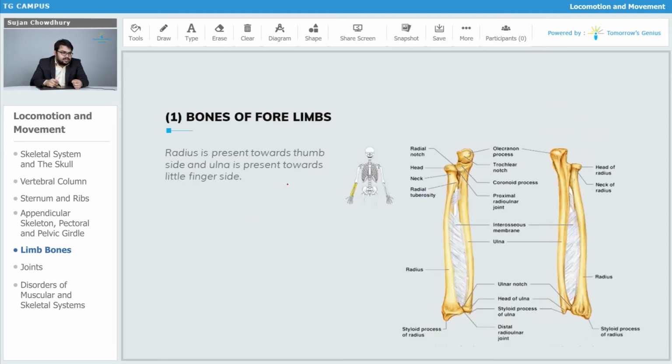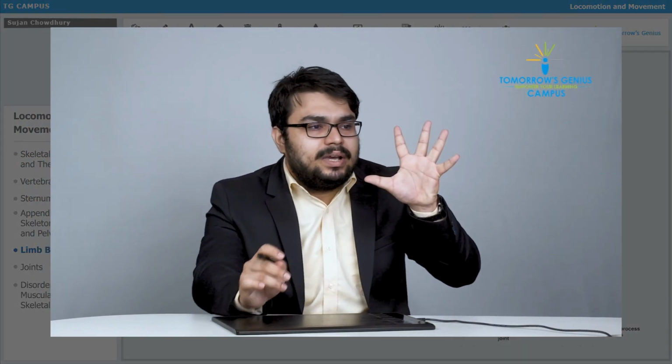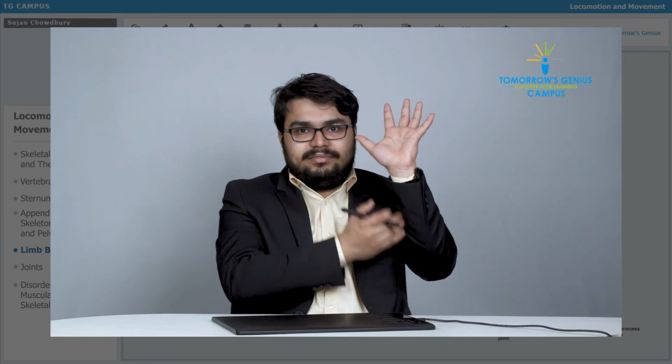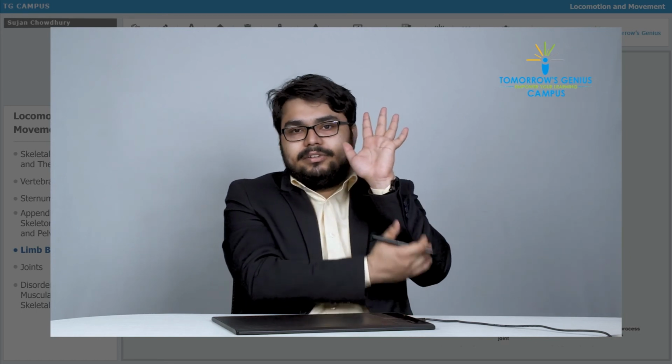The radius is present towards the thumb side, and ulna is present toward the little finger side. So if I stretch my arm like this, you can observe radius is present towards the thumb, and ulna would be present towards the little finger side.